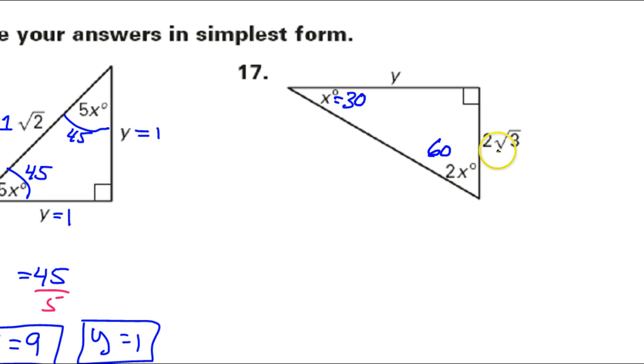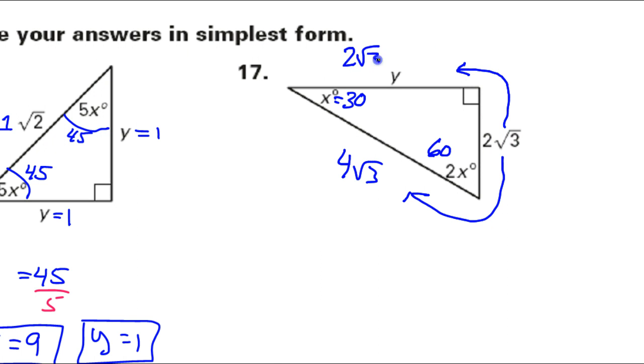That makes this the short leg. Remember, if I have the short leg, I can double it to get the hypotenuse. That would be 4 radical 3, which we didn't need, but whatever. Then if we multiply the short leg by radical 3, that will give us the long leg. So I'm going to start with the short leg, 2 radical 3, and multiply that by an additional radical 3.